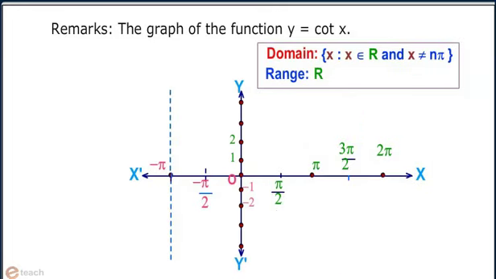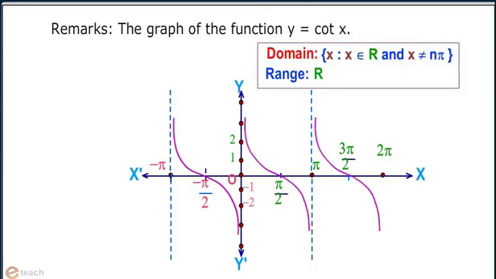Let us see the graph of the function y equals cot x. The domain is x such that x belongs to set of real numbers and x is not equal to n pi.